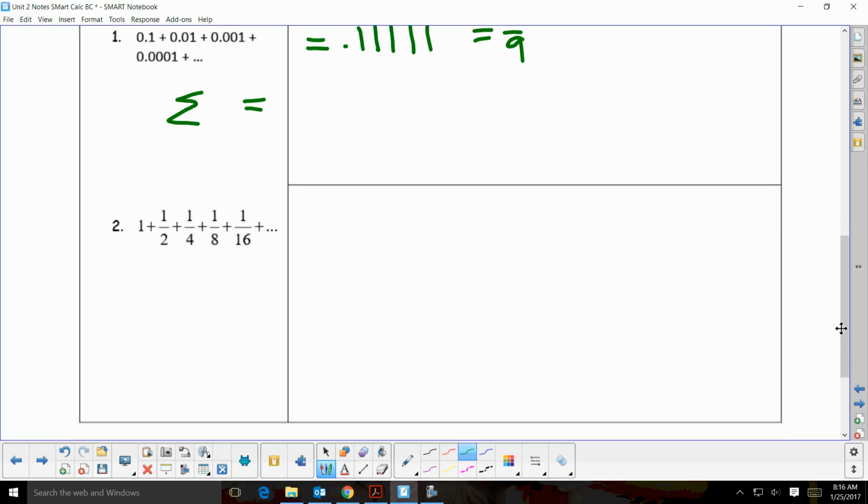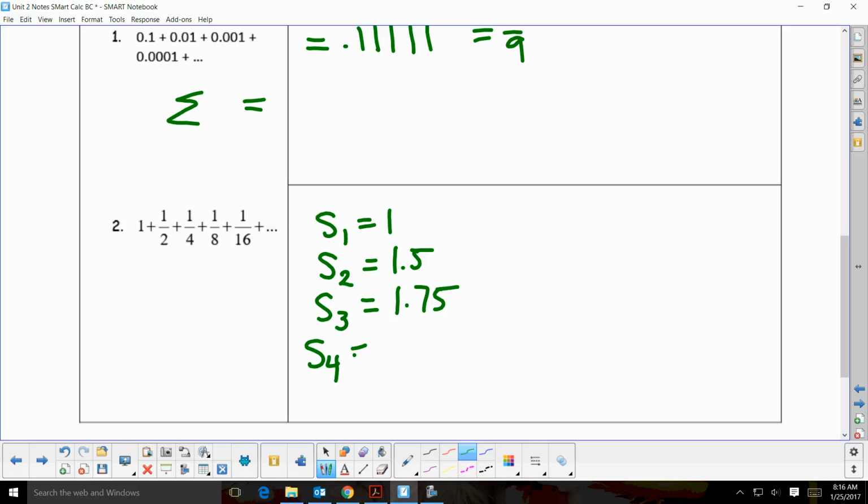Remember my joke? You guys remember? If you don't know, you could say, okay, the first one is 1, right? The partial sum of 1. The second partial sum here would be 1.5. The third partial sum would be 1.75.